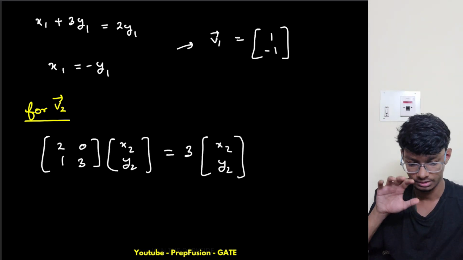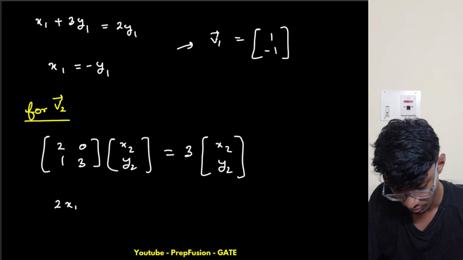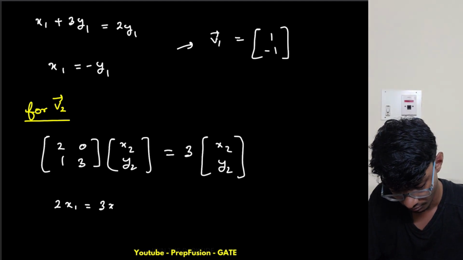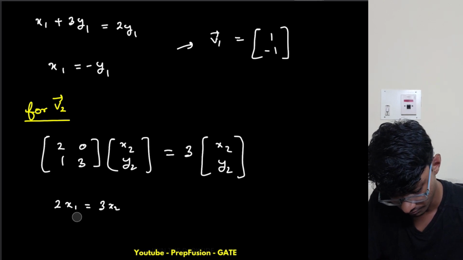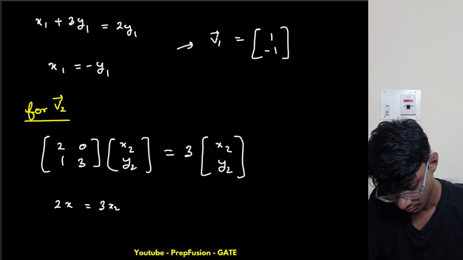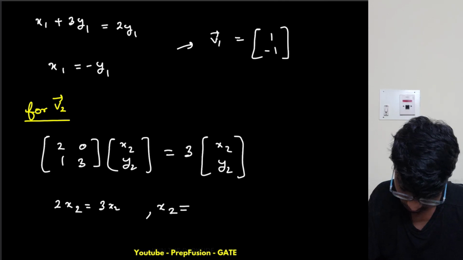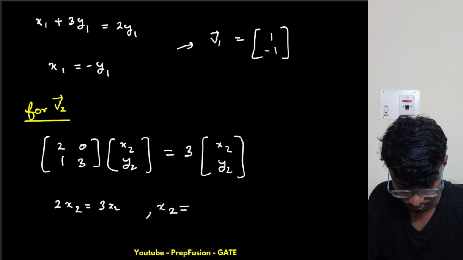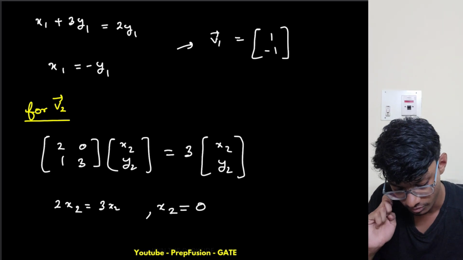Again, what will x2 equal? From 2x2 equals 3x2, x2 equals 0 only.